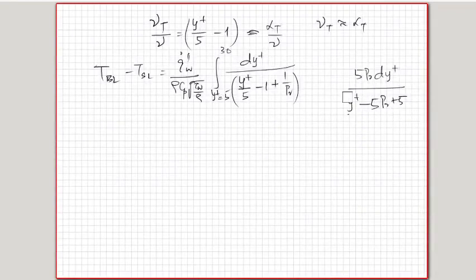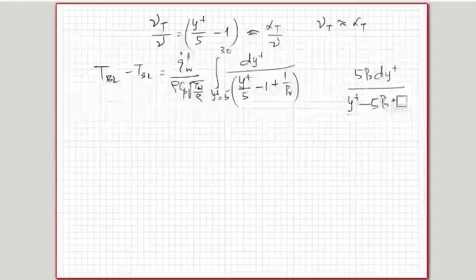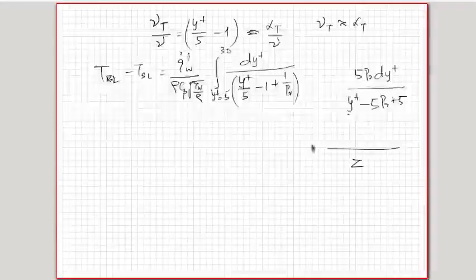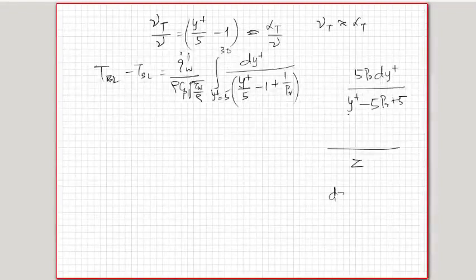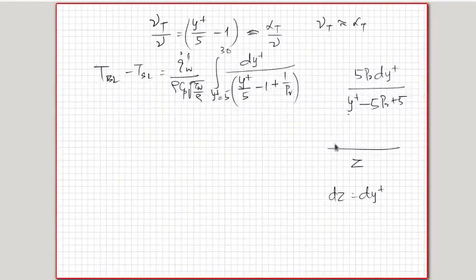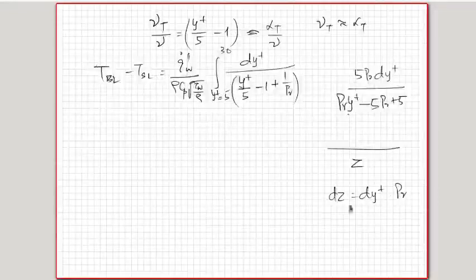Now if I have to integrate this, then since PR and 5 are constants, I can take the whole denominator as some z. So what will be dz? Dz will be dy plus into PR, right?